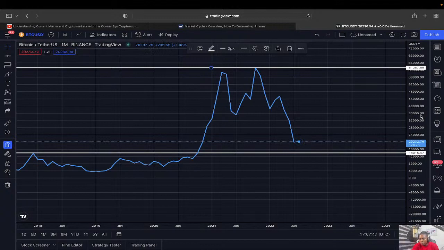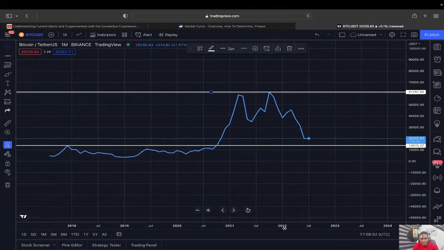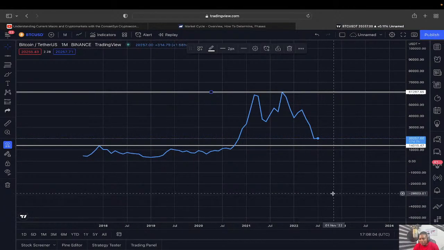Let me see your comments, guys. Using the line chart, we are able to identify those contours, those key areas.